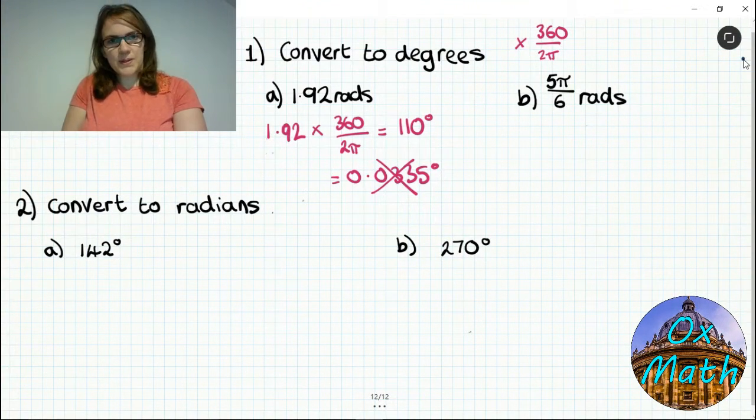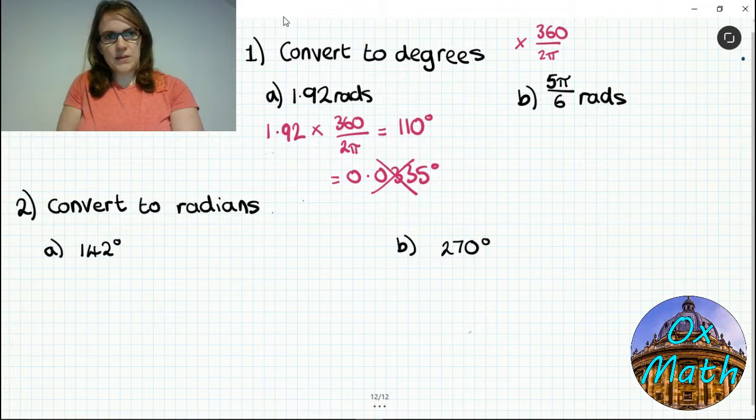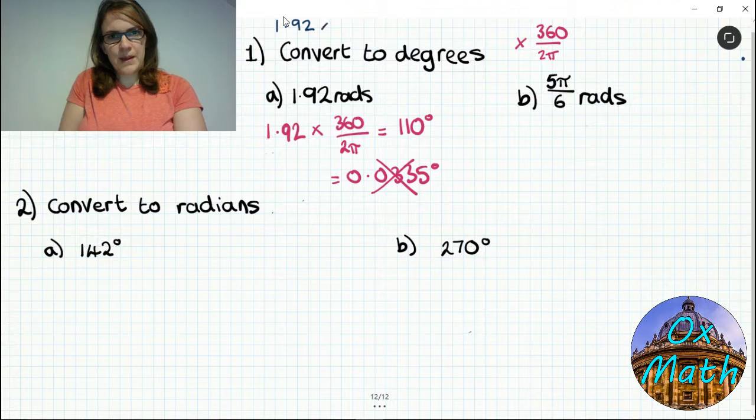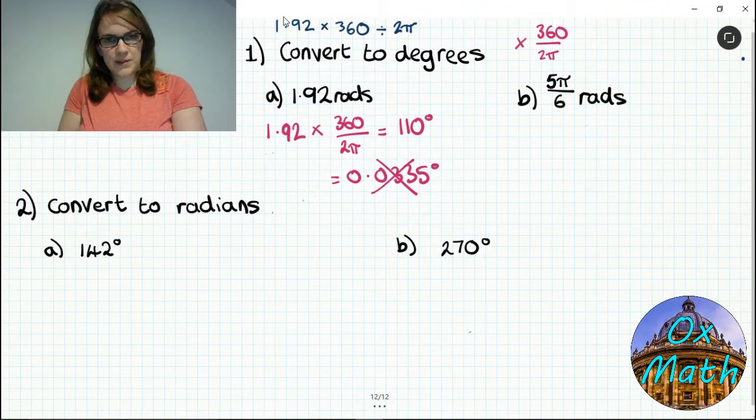I also want to point out that you need to be careful when typing this into your calculator. If you type in 1.92 times 360 divided by 2 pi, so if you use a divide sign rather than the fraction button, in some calculators this will work fine because your calculator will assume that because you've written the 2 pi together, it means that you want to divide everything by 2 pi.